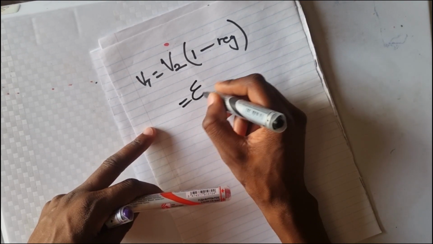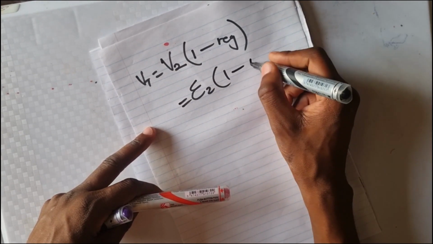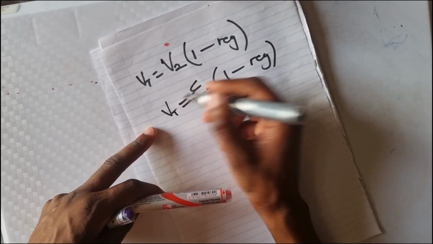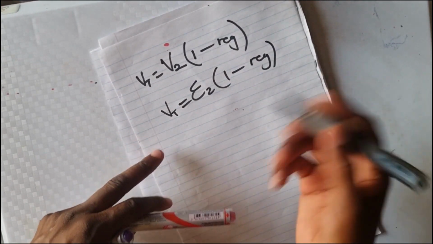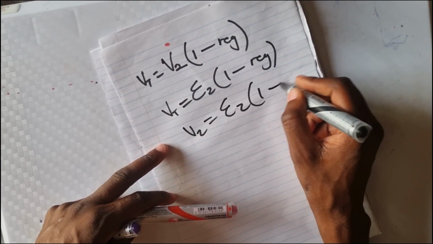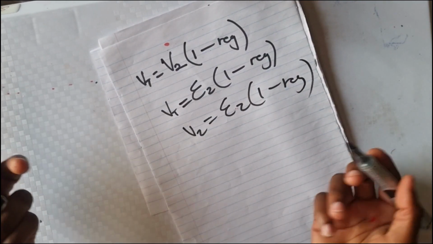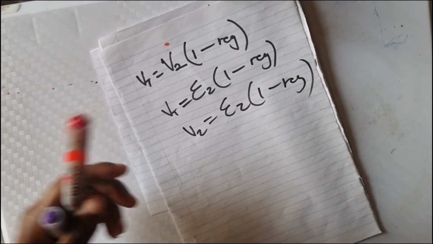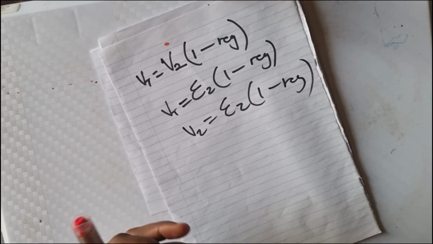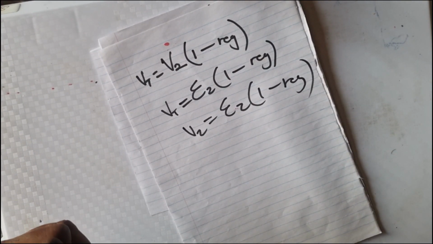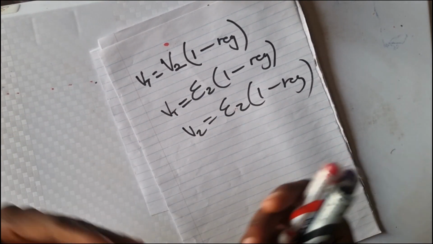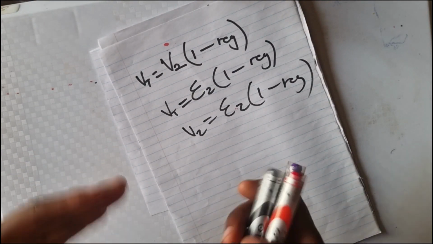Depending on the textbook, some say this is V2, then this is going to be E2 (1 minus regulation). It depends on the textbook, but when we are doing the example, we are going to understand what we are talking about here. Let's go ahead and do one example which is going to explain it.